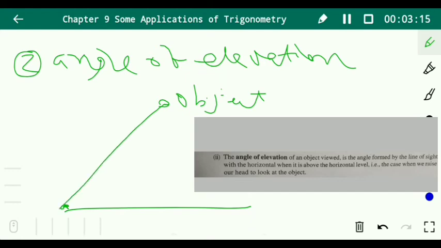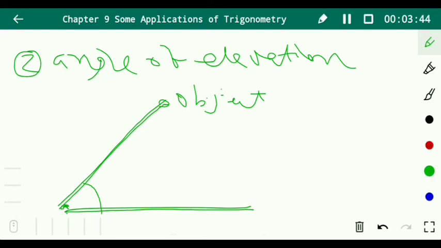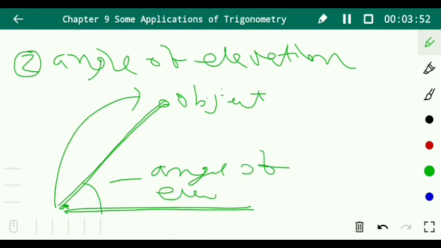The angle of elevation of an object viewed is the angle formed by the line of sight with the horizontal line when it's above the horizontal level. That is the case when we raise our head to look at the object. So it is known as angle of elevation.